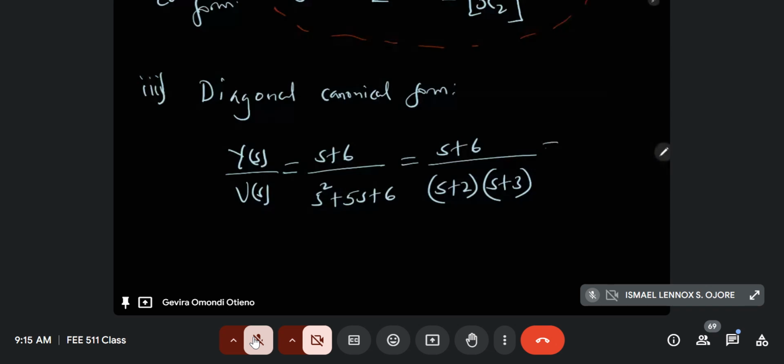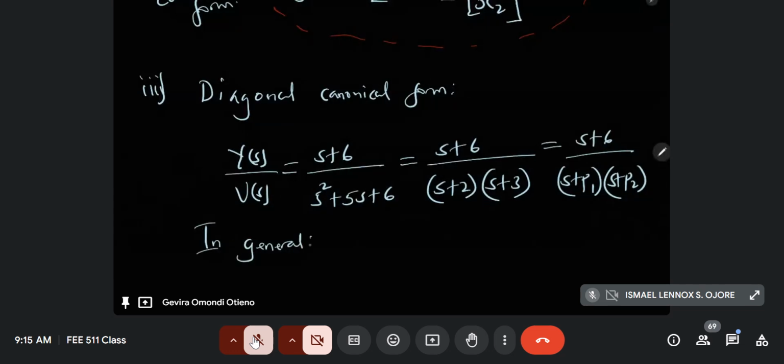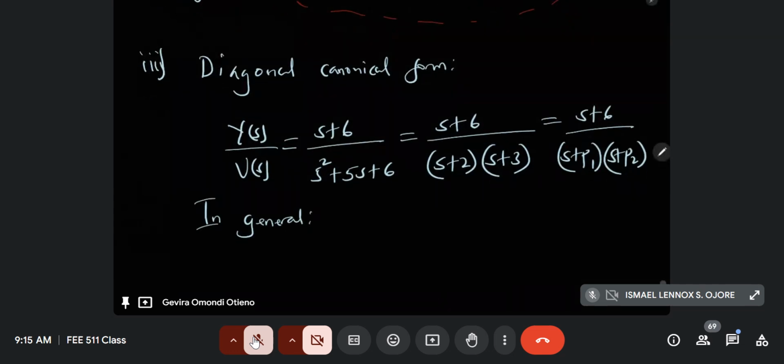So notice I'm writing it in this form, ladies and gentlemen, so that you have s plus the first pole and s plus the second pole, s plus p2. Okay? That's the format in which I'm writing. Why? Because in general, and this exists in your notes, that's why you have to read your notes also before you start solving these problems.